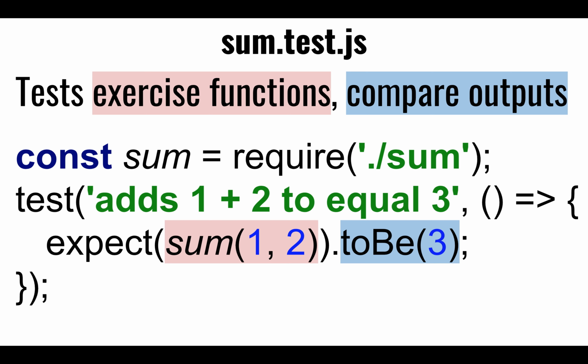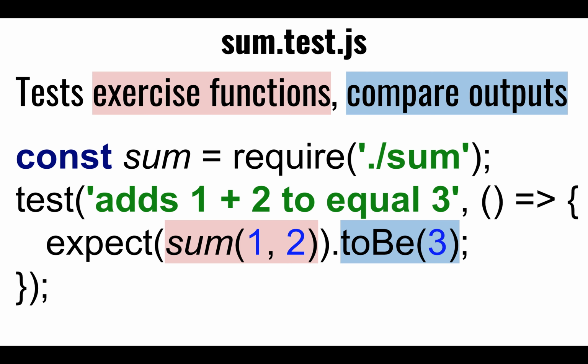What Jest gives us is an API that allows us to define tests. The API is based on the following functions that Jest declares. One of them is a function called test. That's the name of the function, and the function takes 2 arguments. The first argument is a name that you can give your test, very much like in Java, where you can use annotations and name your tests so that when you run them, if they fail, you know which one failed.